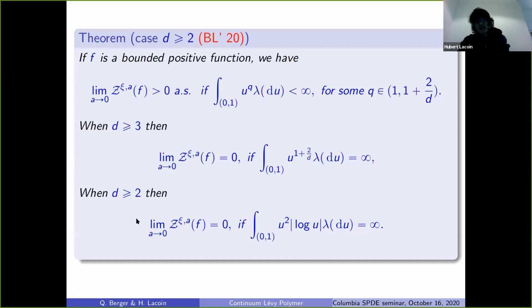And when d is larger than 2, you have actually more than that. So if u squared log u is not integrable near 0, then your limit is degenerate, which means that in dimension 2, unlike dimension 1, there are noises for which you can't define the continuum model, or at least you can't define it as we did.